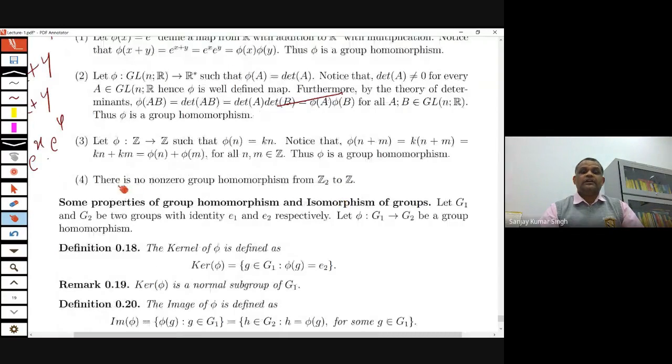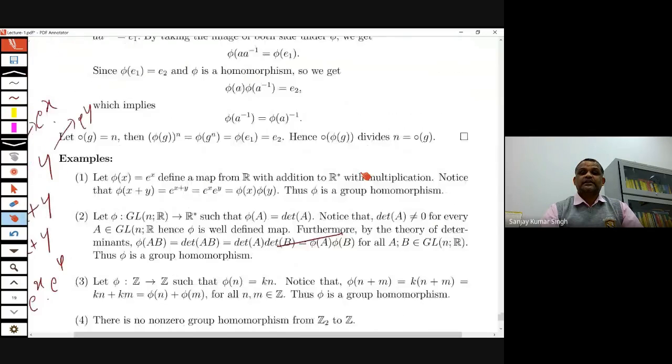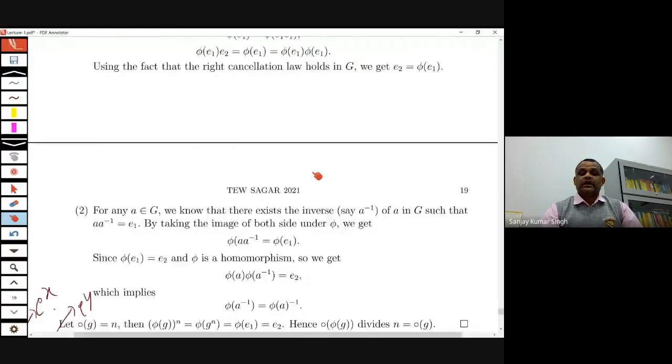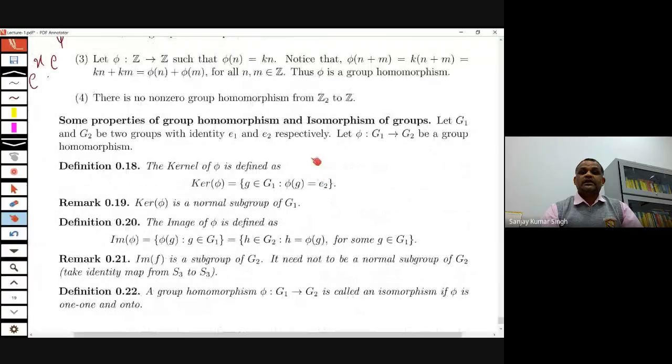Now another remark is that there is no non-zero group homomorphism from Z2 to Z. Why? Because I just mentioned that if g has a finite order, then its image also has a finite order. And the order of 1 inside Z2 is finite, it is 2.